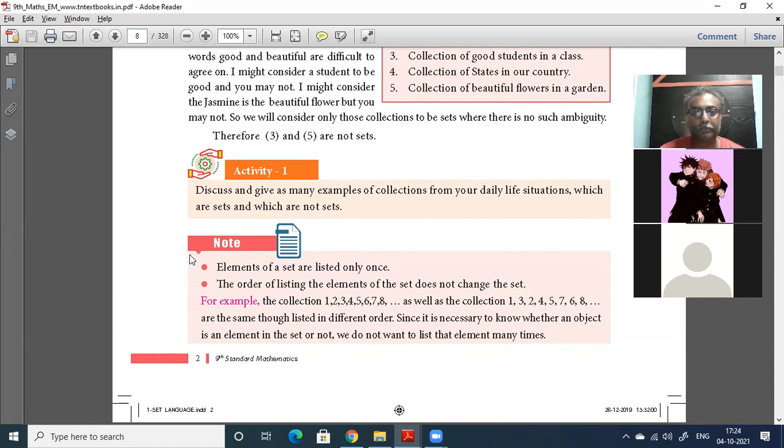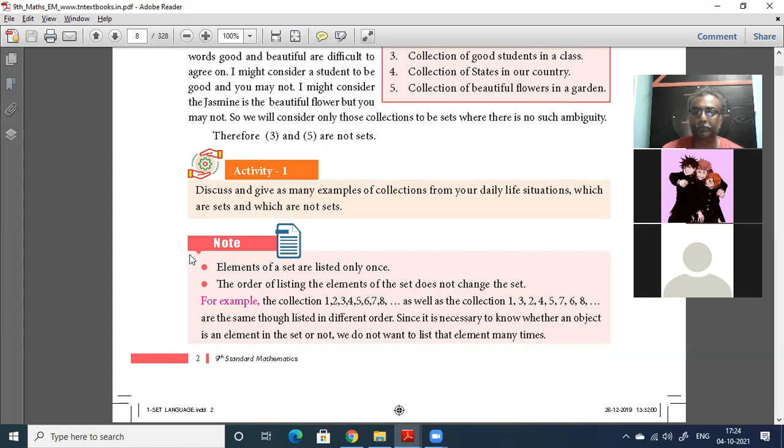The order of listing the elements of the set does not change the set. Suppose you say the set of all people in this Zoom meeting. I'm telling A equal to the set of all the people in the Zoom meeting. Tell the names.